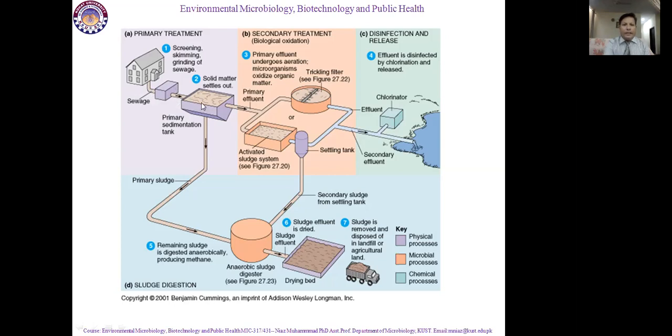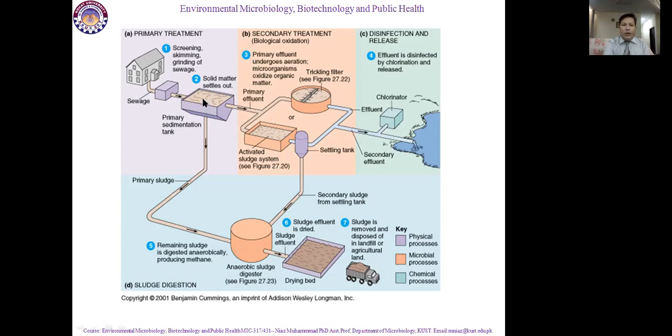Then it is carried to the bigger tank where solid materials settle out. Solid materials such as wood, plastics, iron, glass, stones, all solid and suspended and settling materials are removed by physical screening, by filtration, or in the primary sedimentation tank.